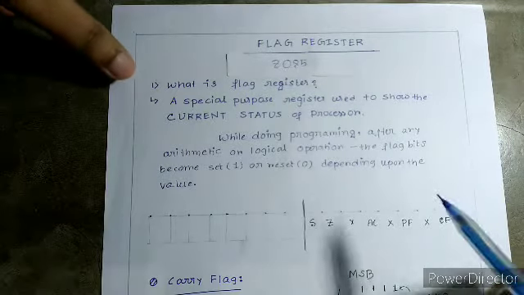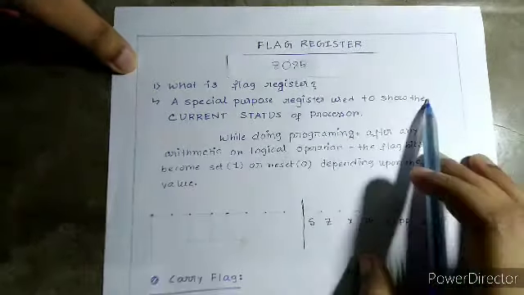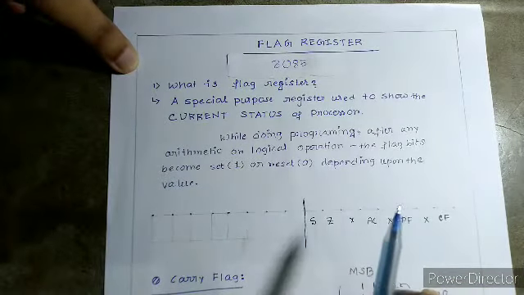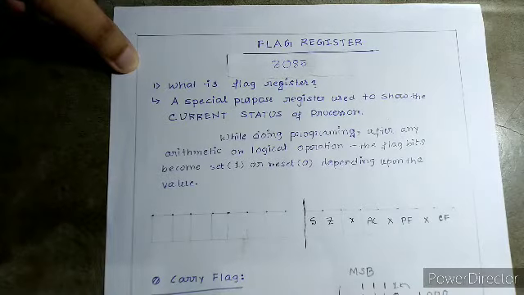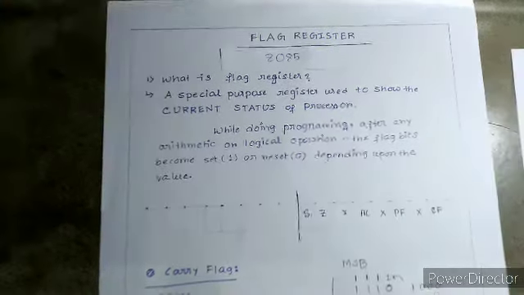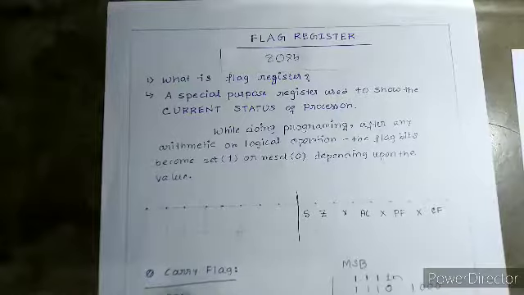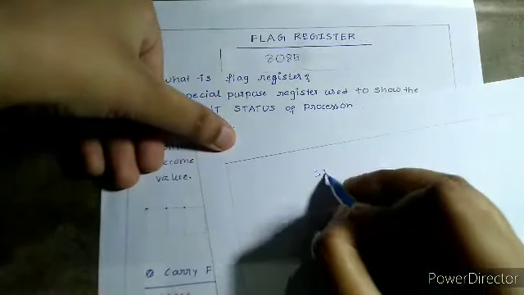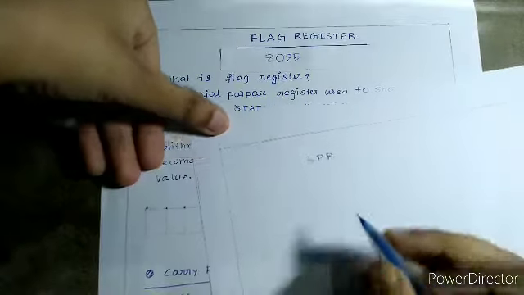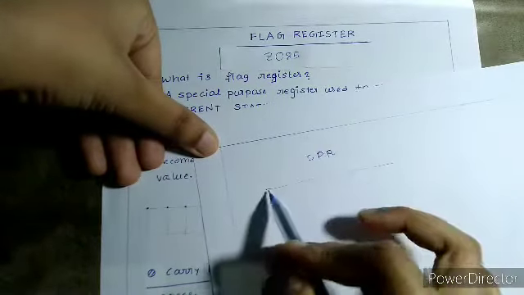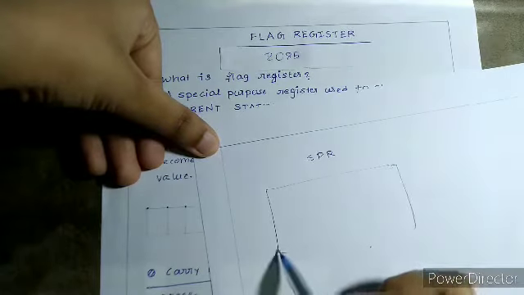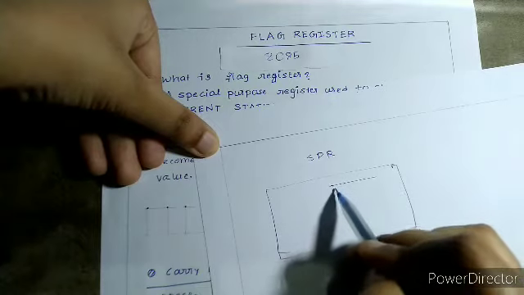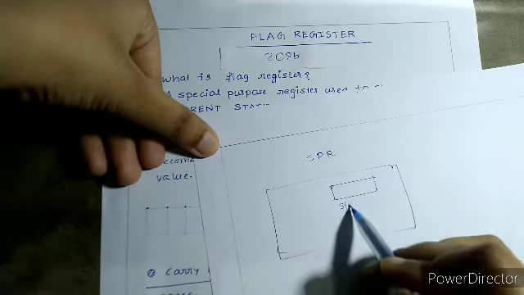In today's video we will learn about flag registers. But before that we should know what flag registers are. In the previous video I discussed something called special purpose registers. And also in that architecture video you have seen that there is something called ALU, temporary register, and something written as flag register.